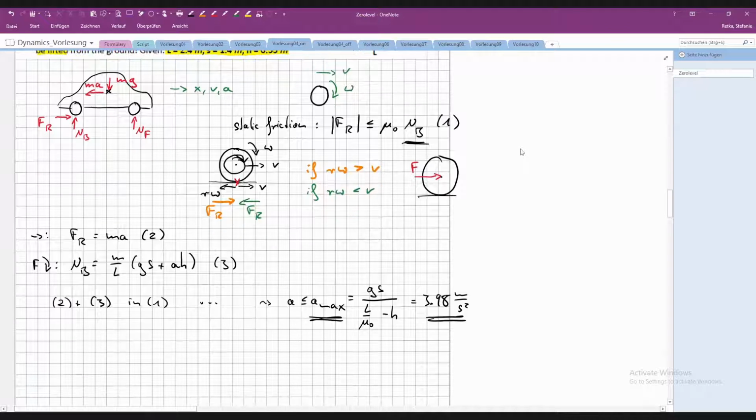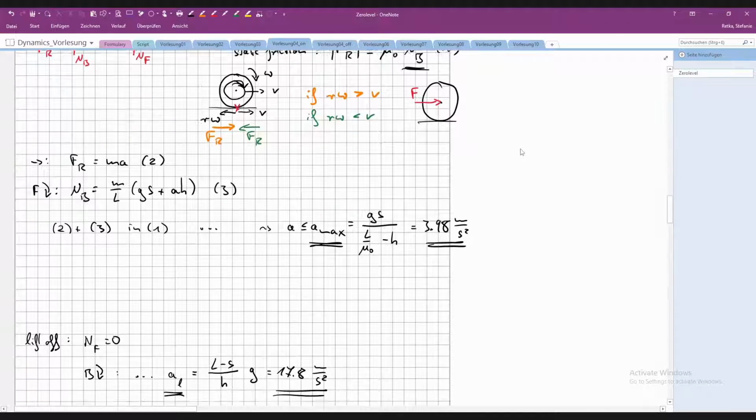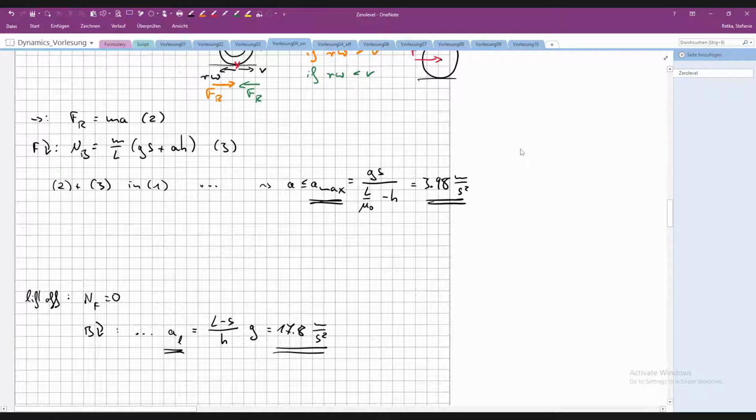Which means that in that case, the normal force is equal to 0. We can build the equilibrium condition with respect to the back wheel, rearrange the equation, and obtain the acceleration in case of liftoff with 17.8 meter per second squared.